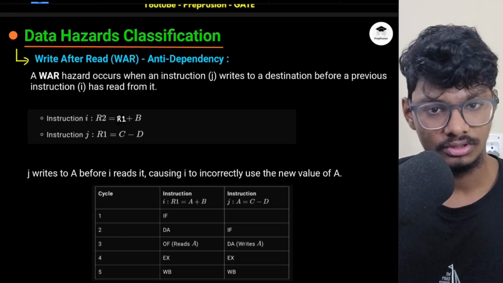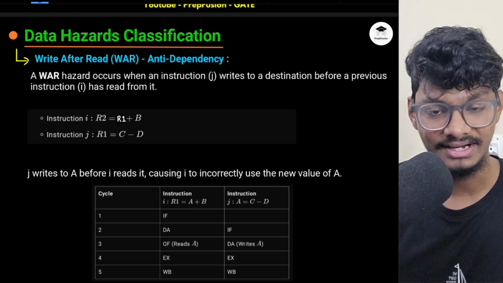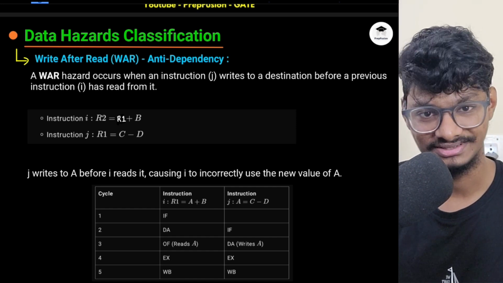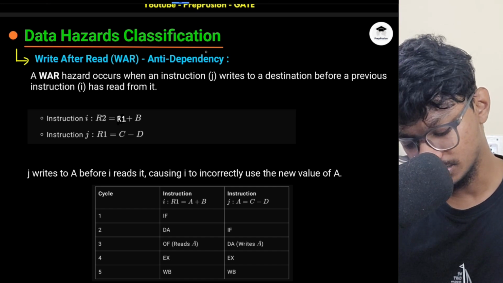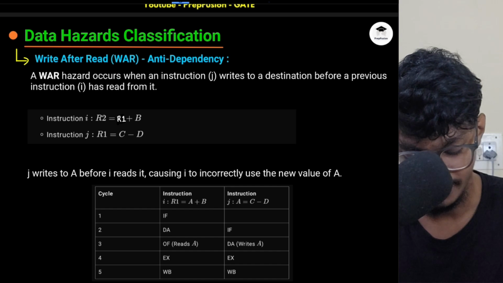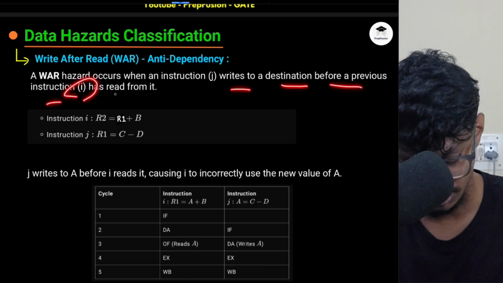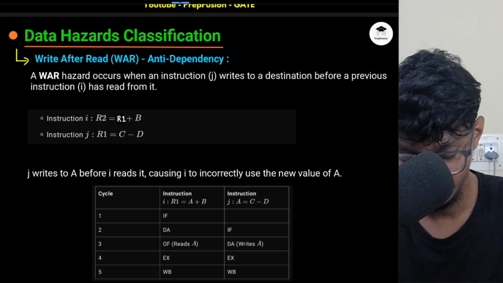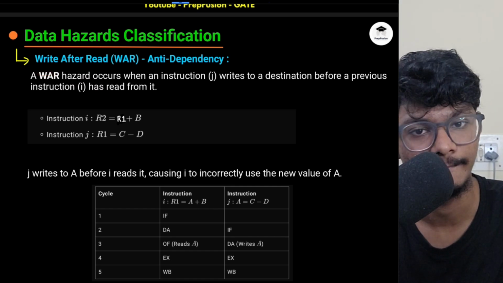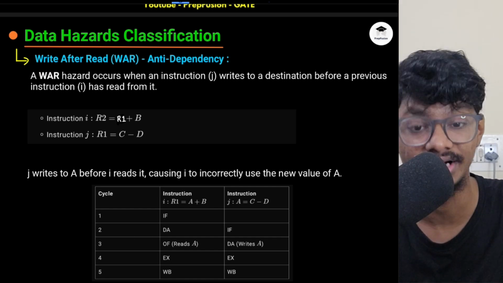The next type of dependency, there are only 3 types of dependency, is write after read, WAR. We are going on a war. That is also known as anti-dependency. A WAR hazard occurs when an instruction J writes to a destination before a previous instruction I has read from it. So what should have happened? Write after read. Only after reading should I write to the register, but I have already written to the register.